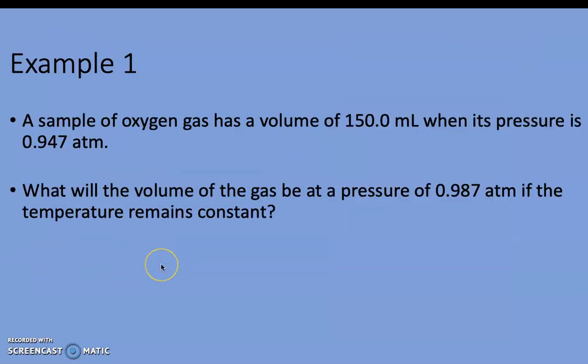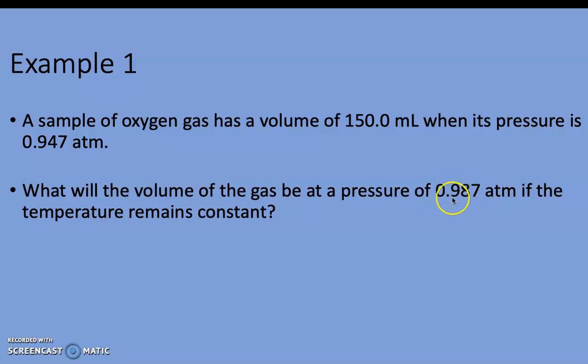Okay, so a sample of oxygen gas has a volume of 150.0 mL when its pressure is 0.947 atm. Here are your initials. What will the volume of the gas be at a pressure of 0.987 atm if the temperature remains constant?